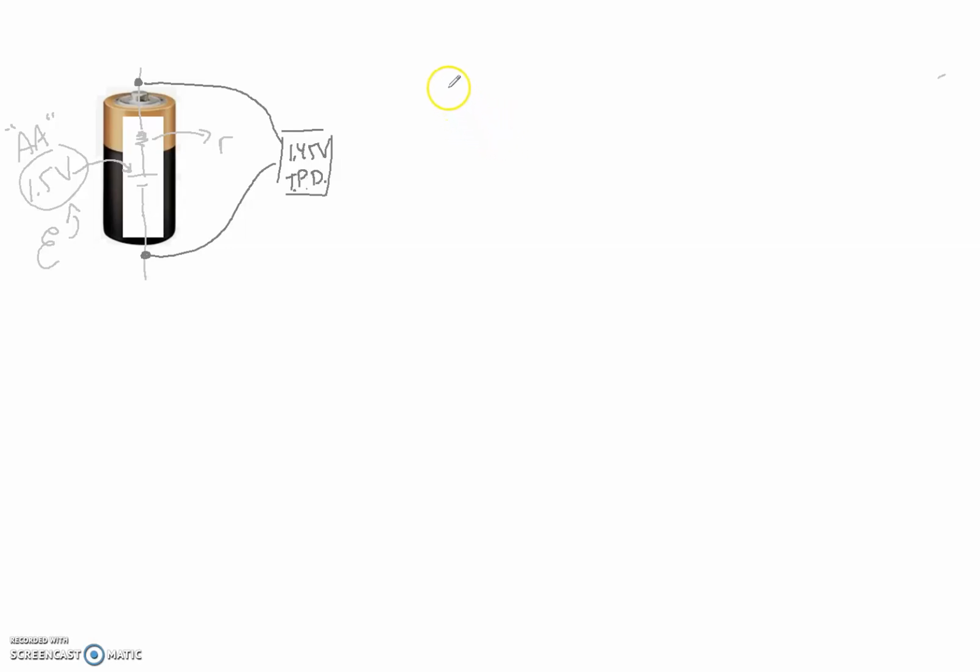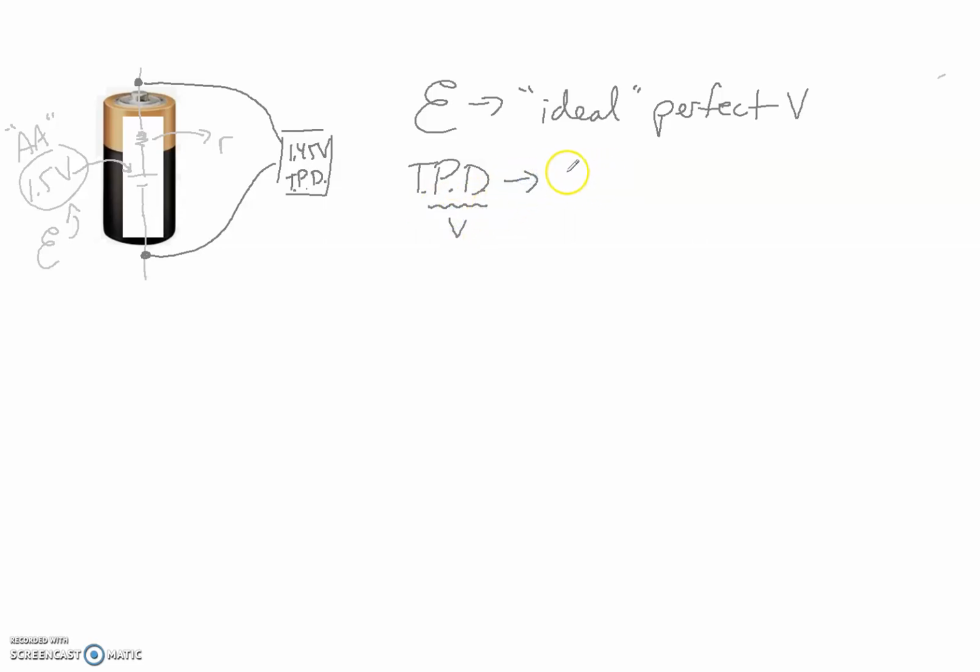Okay, so you have the EMF. This is the ideal, perfect voltage. That's what that is. But you also have the TPD, or total potential difference, and that is your potential difference word. That's voltage. That's what we use in the fields one. This is what you actually use.